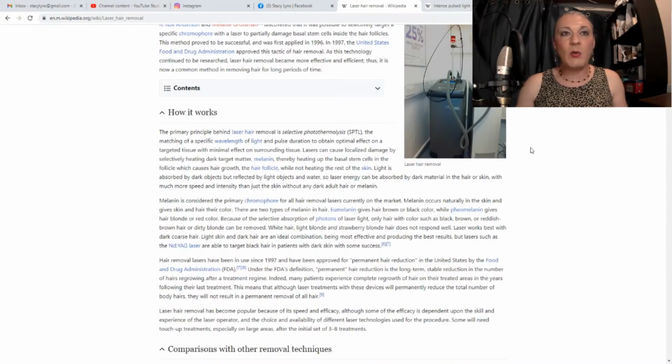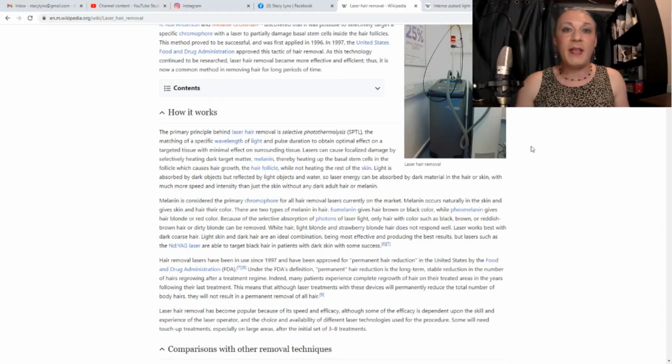How laser hair removal actually works: the primary principle behind laser hair removal is selective photothermolysis, the matching of a specific wavelength of light and pulse duration to obtain optimal effect on targeted tissue with minimal effect on surrounding tissue.